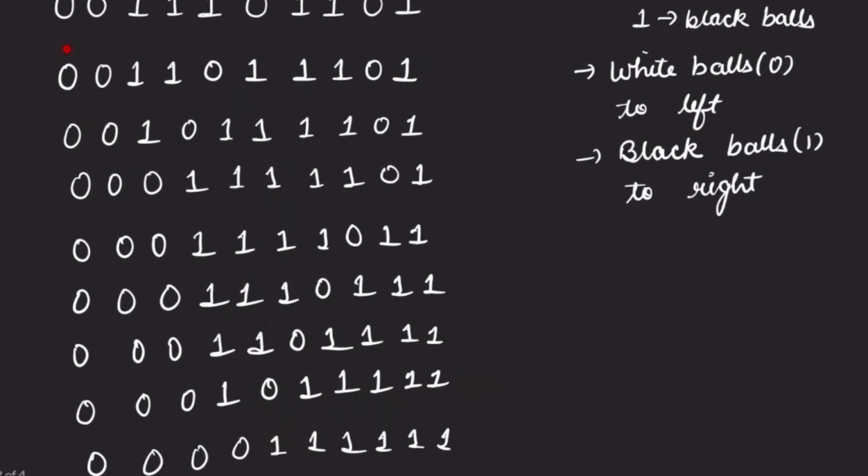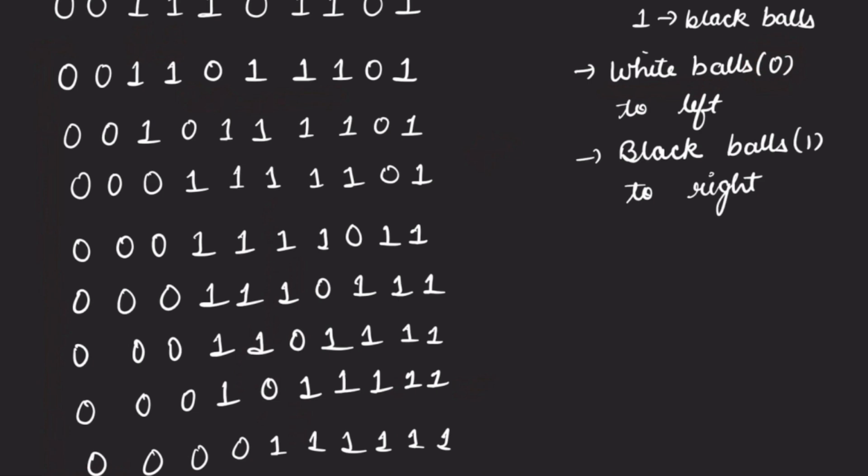Now in all these steps, there are a few things to notice. What are those things? We only focused on moving the white balls, or the zeros, towards the left. We didn't focus on moving all the ones towards the right.